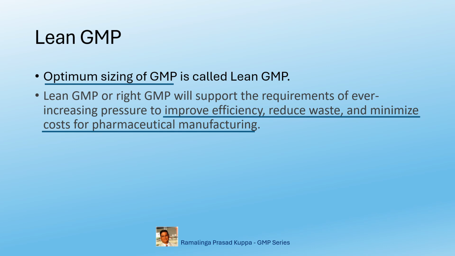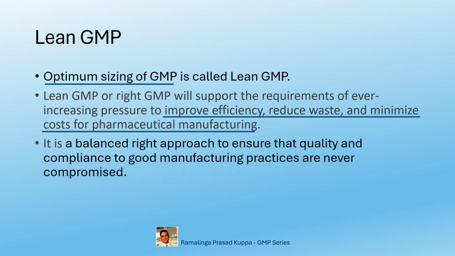Unnecessary manufacturing processes can inflate costs multifold and reduce efficiency by some shortcuts that could have adverse impact on good manufacturing practices. It is a balanced, right approach to ensure that quality and compliance to good manufacturing practices are never compromised. So, it is an effective way of compliance without any compromise on quality of the manufacturing process.